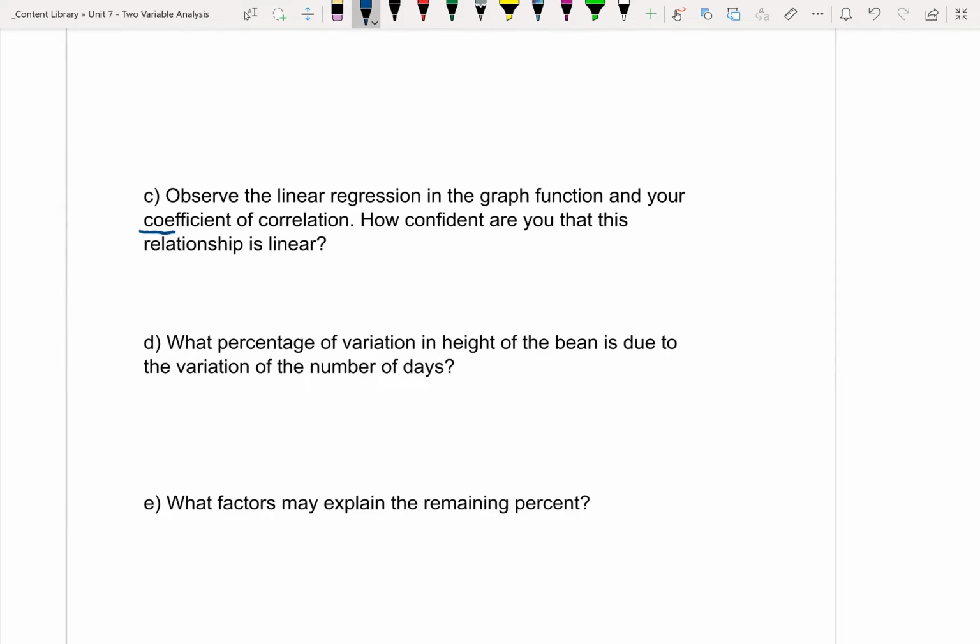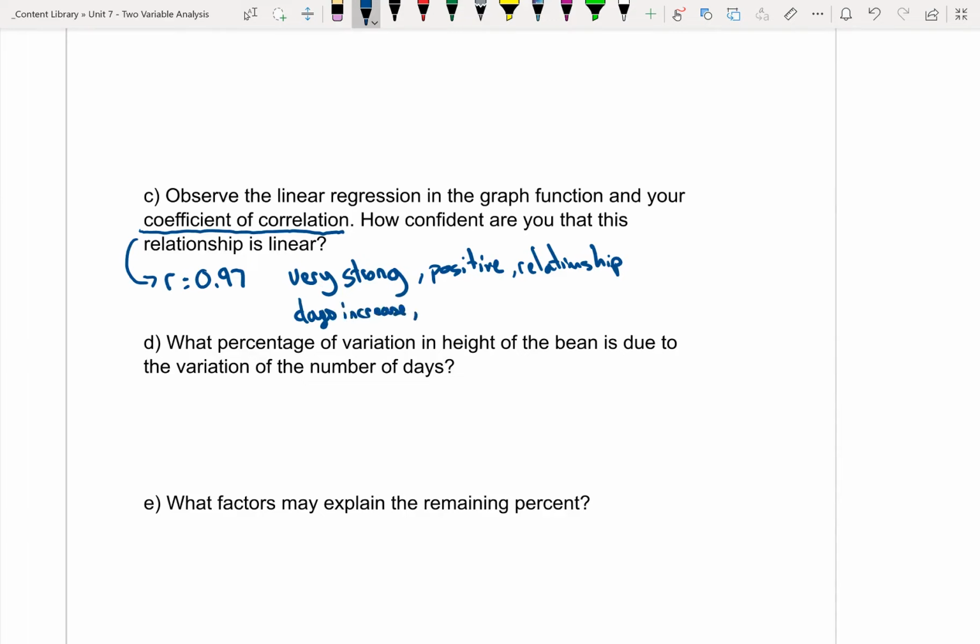Well, because this coefficient of correlation is looking at my r value, which is equal to roughly 0.97, I would say that this is a very strong positive relationship, because the r value is very close to 1, and it's close to positive 1. So what this is saying is that as days increase, plant height increases.